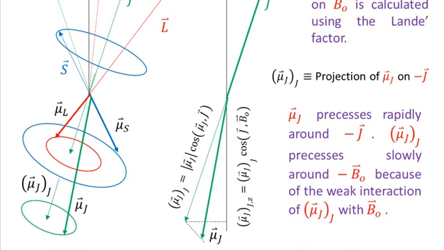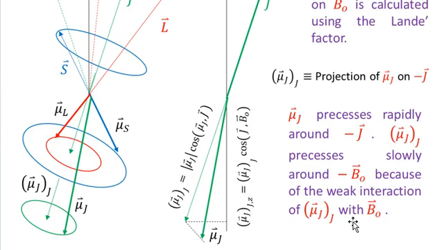And you know that mu jj is actually the projection of mu j onto the minus j direction. This is what I have explained. So mu j precesses rapidly about minus j, and its projection in the minus j direction, which we call mu jj, precesses slowly about minus B naught because of the weak interaction between mu jj and B naught.